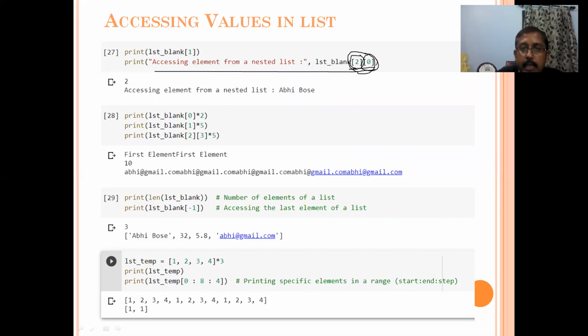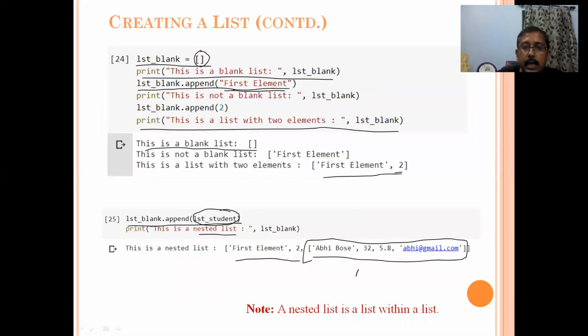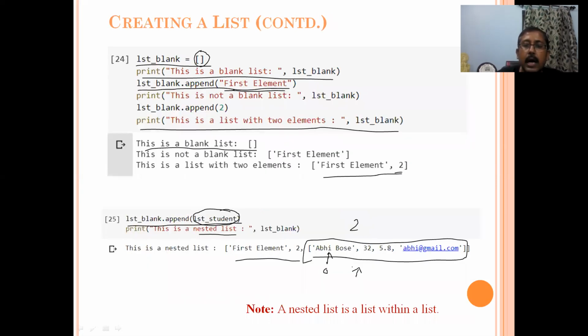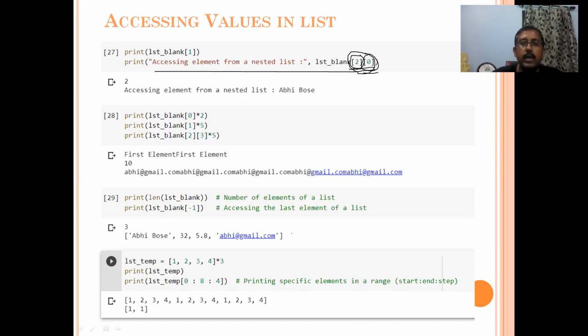So first I get the list, and then I get the element within that list. This is my list, which I access using the index 2. And then within that list, this is the element 0. So I give 2 0 to get the first element within the list, which is the third element of the bigger, outer list. This is how we can access it.